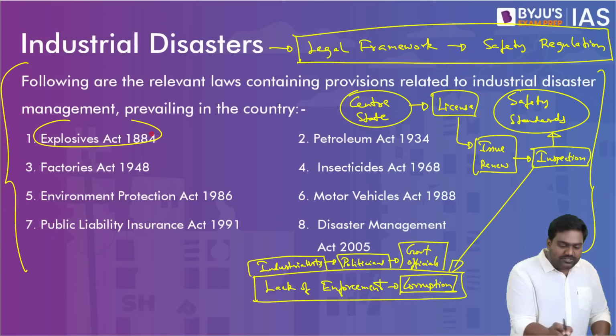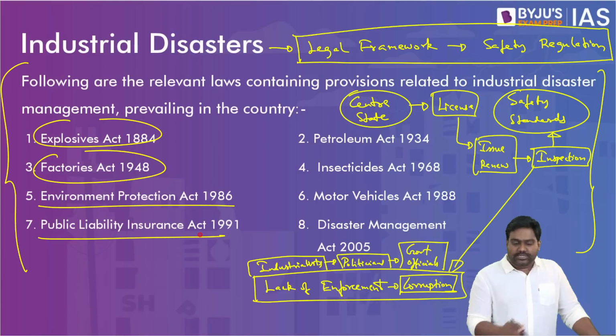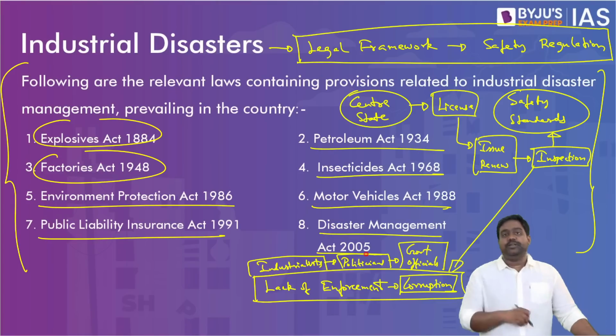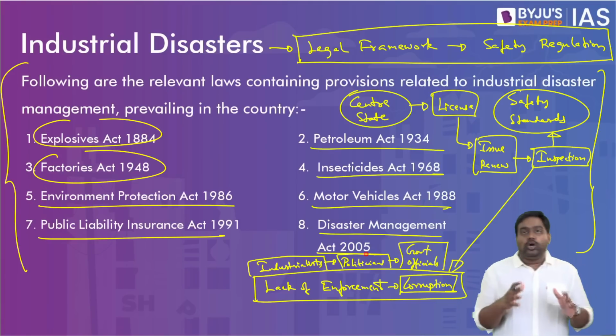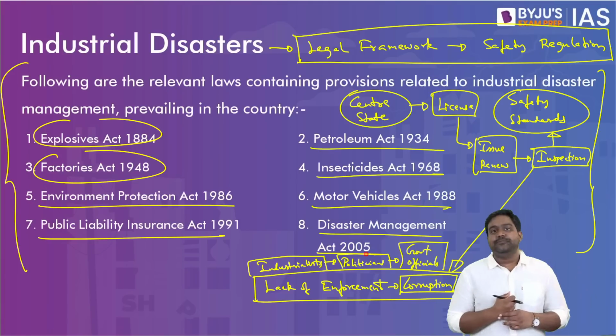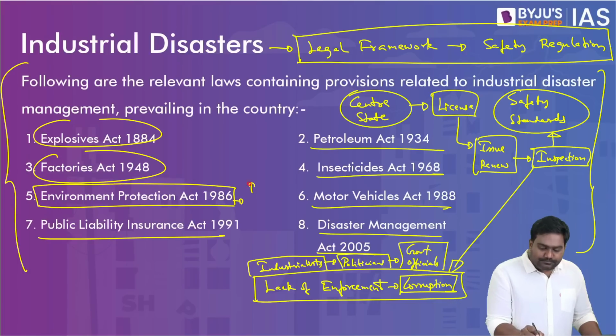We have Explosives Act, Factories Act, Environment Protection Act, Public Liability Insurance Act, Petroleum Act, Insecticides Act, Motor Vehicles Act with regard to accidents, and Disaster Management Act. These are the 8 laws we have that deals with industrial accidents and disasters and man-made disasters. Is that clear? For example, under Environment Protection Act, polluter pays principle has been introduced. The polluter should pay, should take the liability.